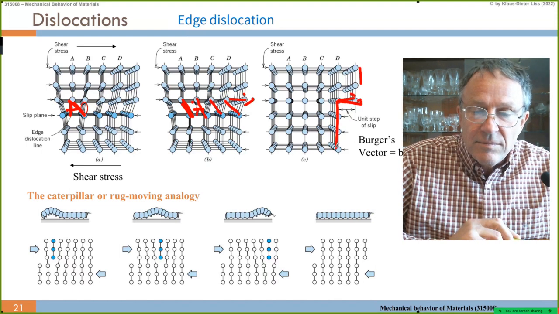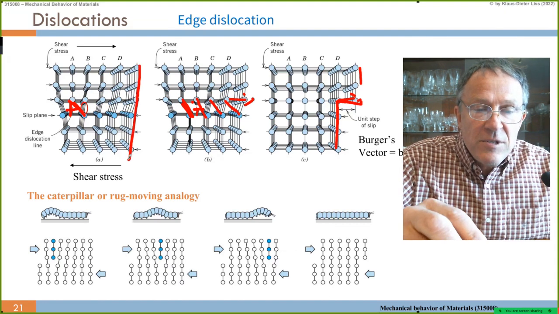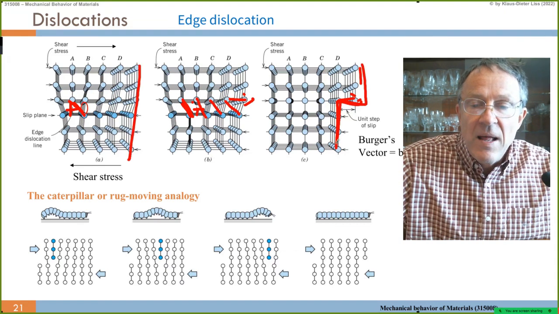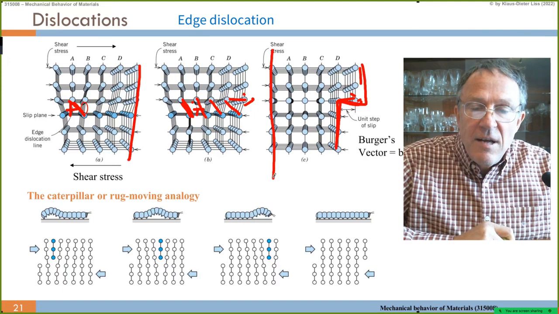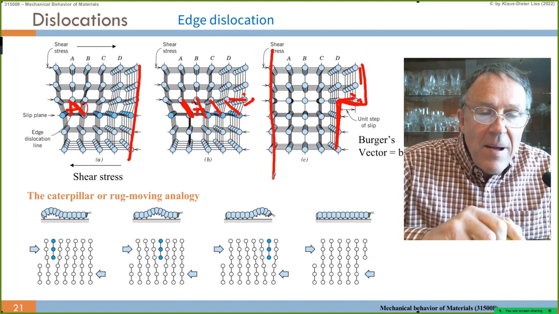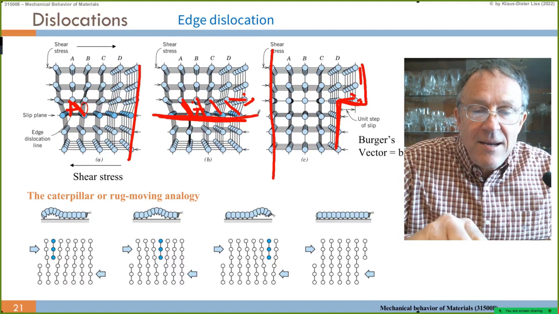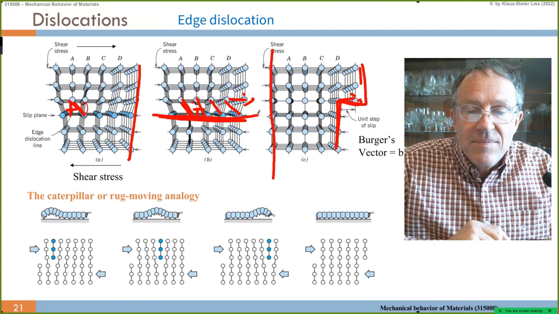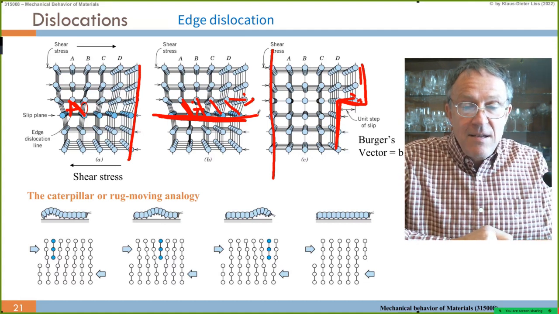So then we have a plastic deformation from a surface which is like this to a surface which is like that, and the other surface is flat. So by moving the dislocations over that slip plane, we get a net plastic deformation at the end.